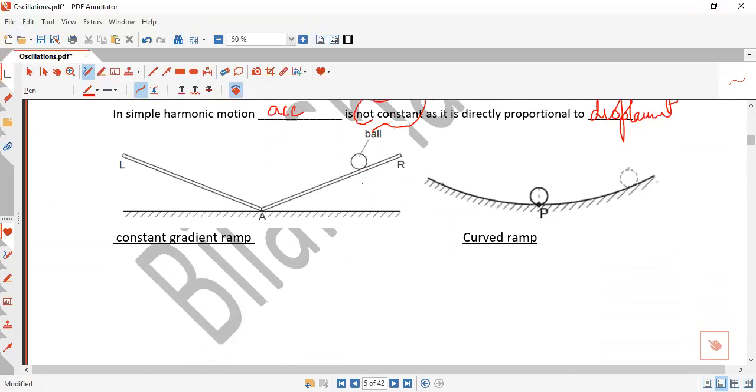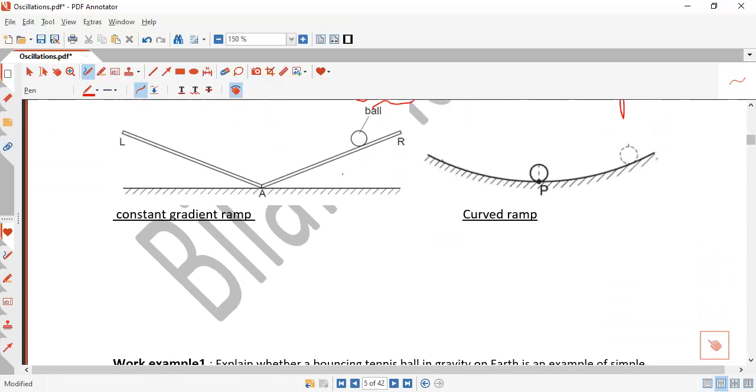So students, who will tell which motion is simple harmonic, the left one or the right one? Right one. Okay. Shwet Shah told us right. Hadi.